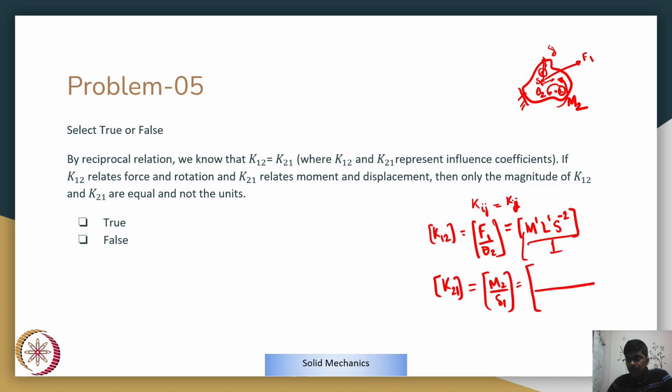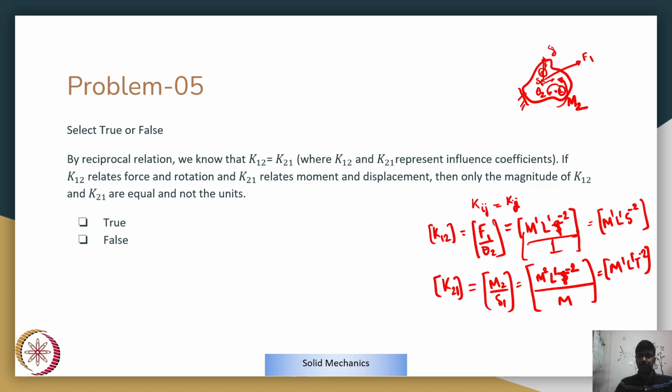Moment is Newton into meter, so that would be M1 L2 T raised to minus 2, divided by L, which is nothing but M1 L1 T raised to minus 2. Therefore, we can see that not only are their magnitudes the same, but they are actually the same in terms of units as well.